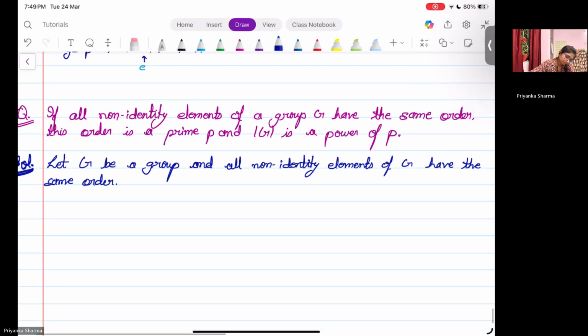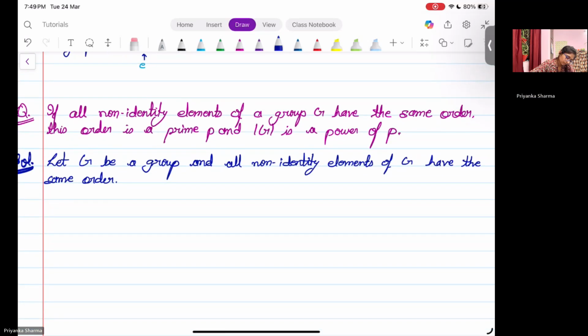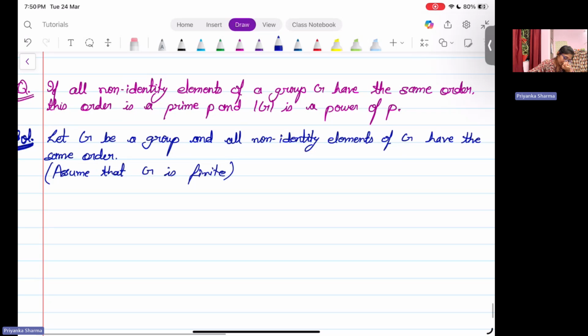So actually we are assuming here that G is finite. Okay, and we are using this term, they have the same order. That is, we have some fixed number as the order. We have some natural number. Okay, we are not talking about the infinite order this time.